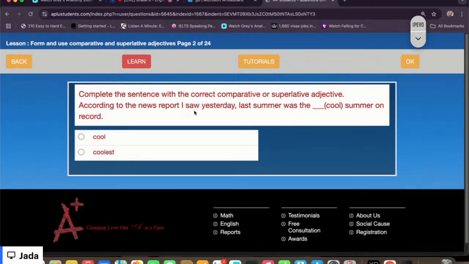So we will complete the sentence with the correct comparative or superlative adjective. According to the news reports I saw yesterday, last summer was the cool summer on record. Cool or coolest?